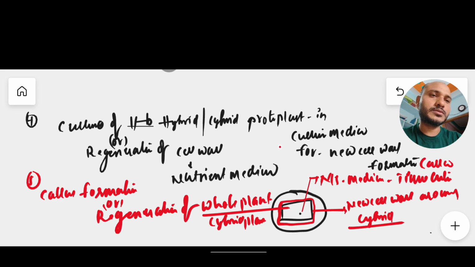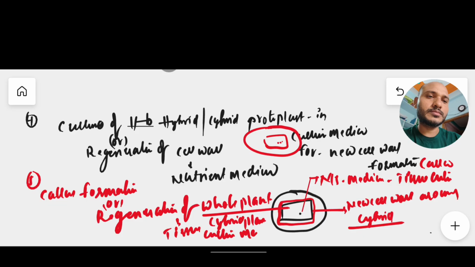In this MS medium, we have to grow this hybrid. From this hybrid, we will get callus. From this callus, the whole plant body will be generated. So this process is called callus formation or regeneration of the whole plant or hybrid by using the tissue culture method. These are all the different steps involved in hybridization.